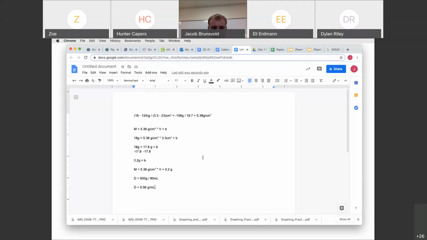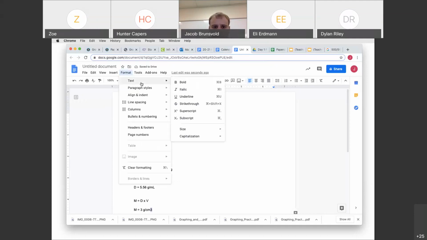If we write that out, mass equals density times volume. Mass equals 3 grams per centimeters cubed, just because that's what the problem said.